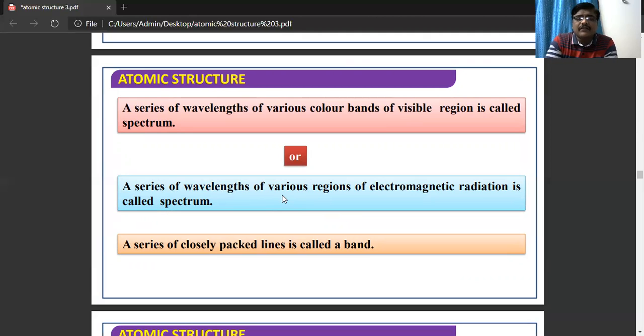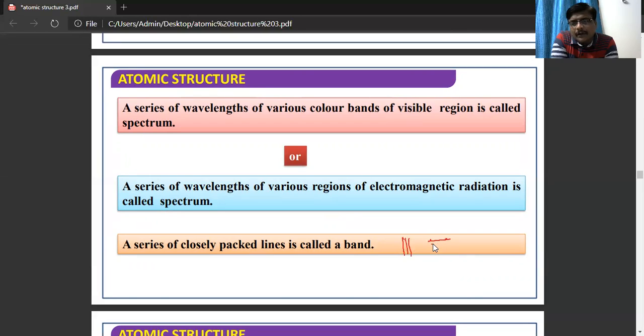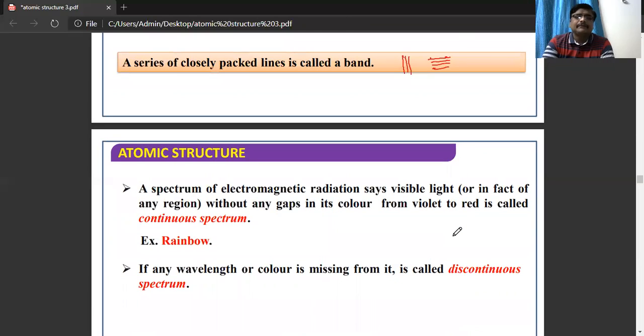A series of closely packed lines, like this or in this form, is known as a band. Closely packed lines are called a band.